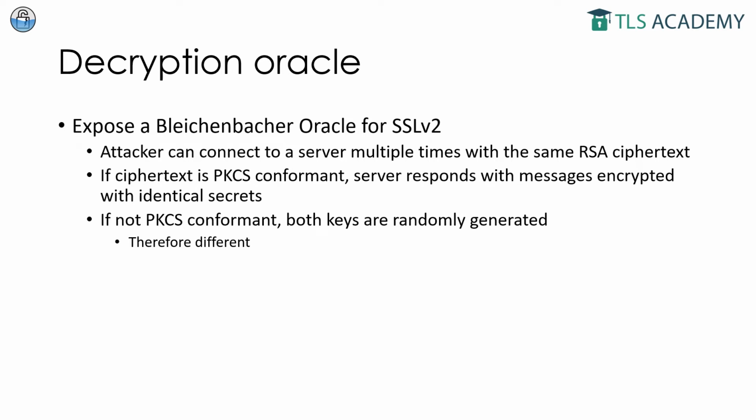If the ciphertext of the client master key is PKCS 1 version 1.5 conformant, the server responds with a message encrypted with an identical secret in server verify. If the ciphertext is not PKCS conformant, the server keys are randomly generated, and the server verify message will therefore be encrypted with a different key.